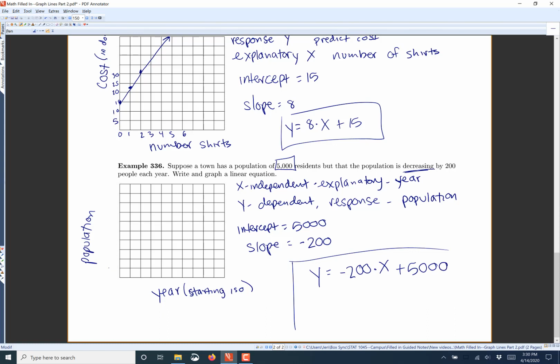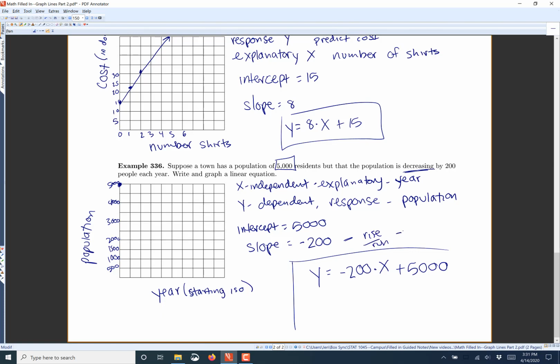So when I try and graph this, I'll probably use a scale of about 500. So 500, 1,000, 1,500, 2,000, 3,000, 4,000, 5,000. So my intercept when x is 0, y equals 5,000. And my slope, we're going to have rise over run.